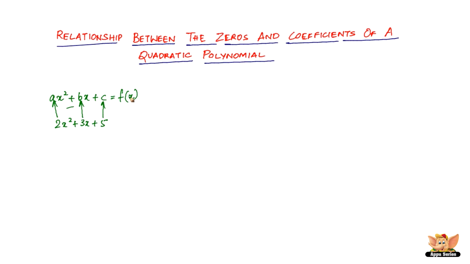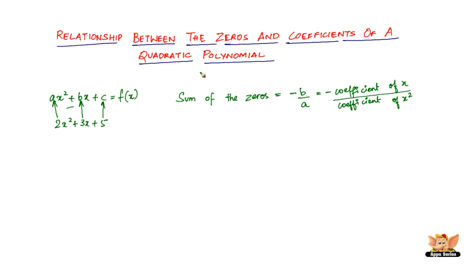We've got two things. The first thing is the sum of the zeros. How is the sum of the zeros related to the coefficients? The sum of the zeros of a quadratic polynomial is equal to minus b by a, or the coefficient of x divided by the coefficient of x squared, because b is the coefficient of x and a is the coefficient of x squared.